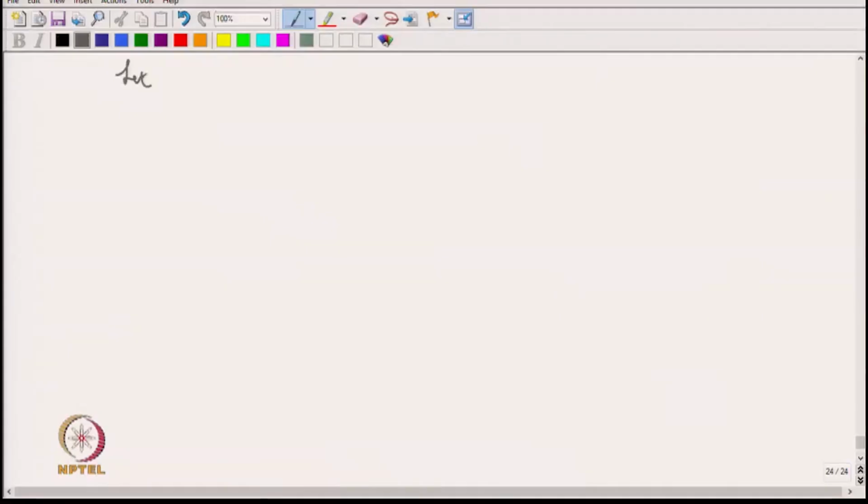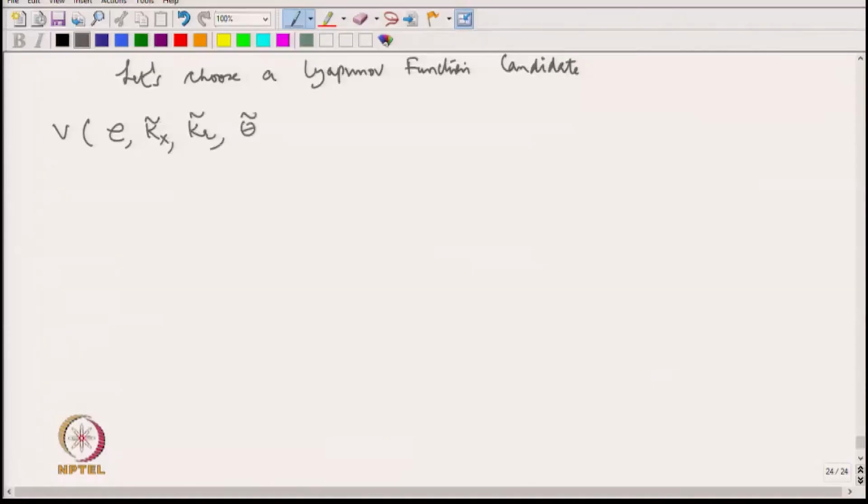So, V in this case is a function of e, k x tilde, k r tilde, theta tilde, and it may also be a function of time, but what we choose is in fact a time invariant function.